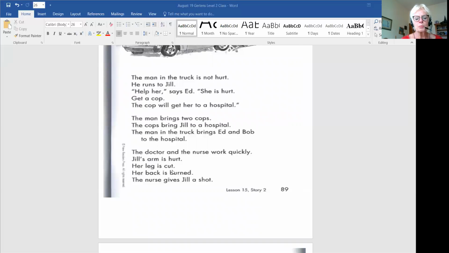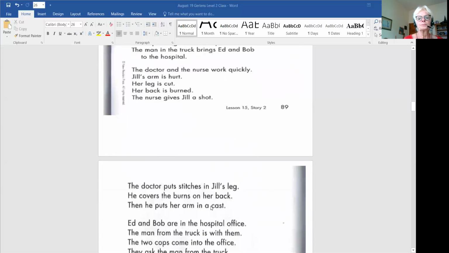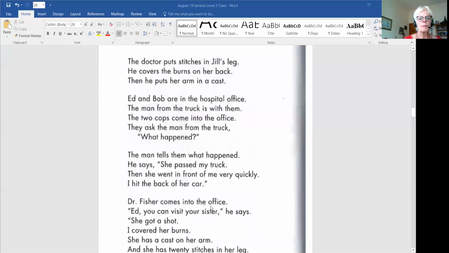Her back is burned. A nurse gives Jill a shot. The doctor puts stitches in Jill's leg. He covers the burns on her back. Then he puts her arm in a cast.